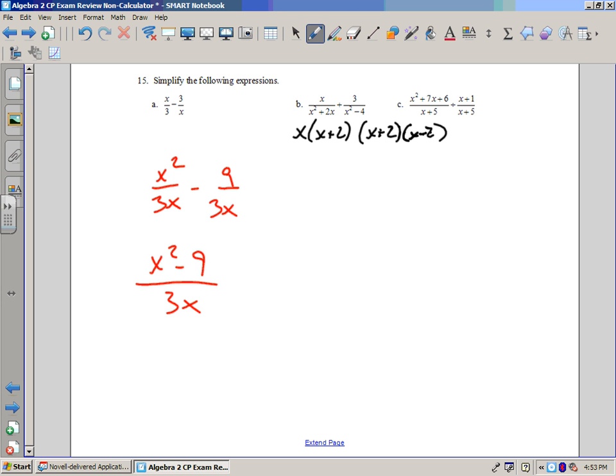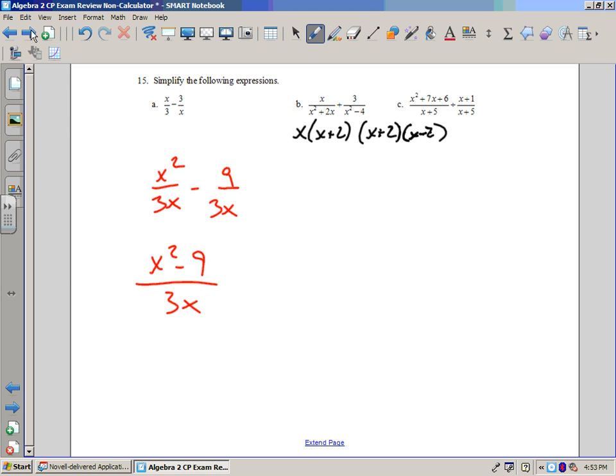So if I multiply through, my least common denominator is x times x plus 2 times x minus 2. Let's do it the other way.